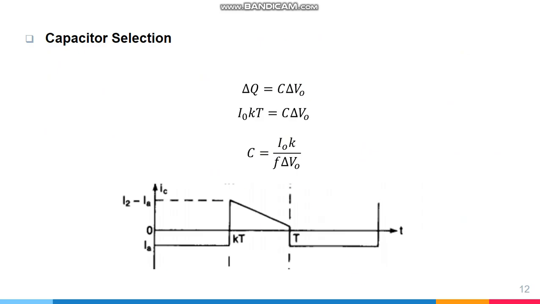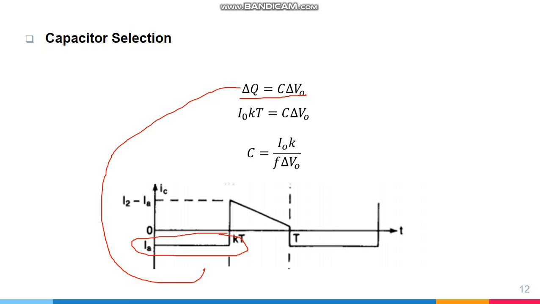This is why during the time period 0 to kT, when the switch was on, the waveform is minus the load current, like this. So delta Q is equal to C delta V naught. Delta Q is the area, which is equal to I naught current, means the output current or the load current, and the time is kT, so I naught into kT is equal to C delta V naught.